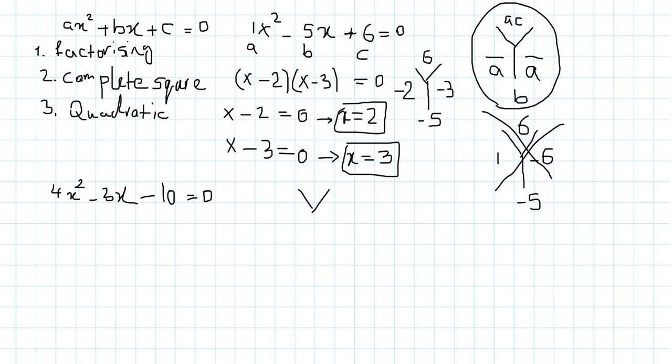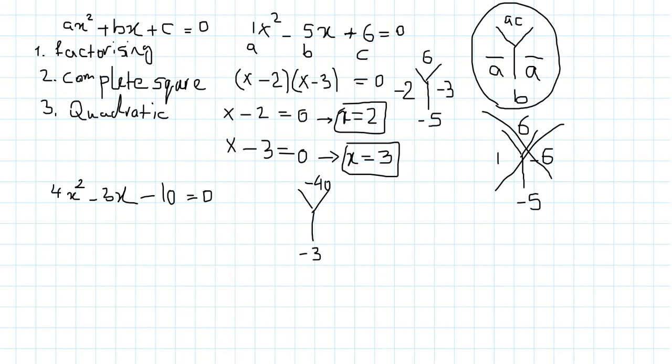I draw my y. At first 4 times minus 10 is minus 40, and down, minus 3. I should find two numbers that when timed to each other are minus 40, and when added are minus 3.